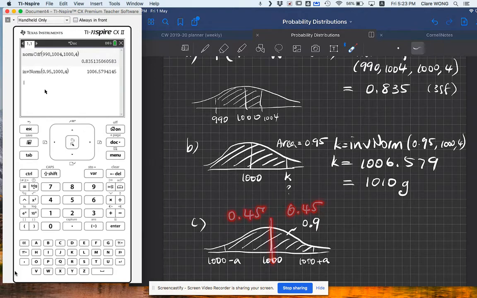In other words, this little bit that is not shaded must be 0.05. So the big area is 0.45, the smaller bit is 0.05. That would give us 0.5 in total. Same over here. This bit is 0.45 and this end must be 0.05, giving us 0.5.